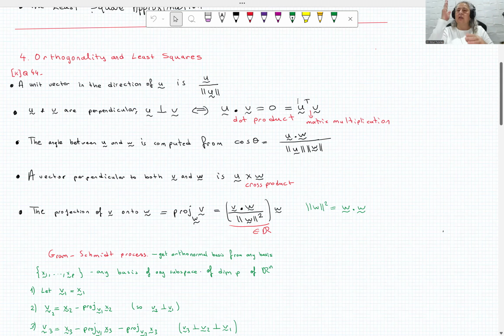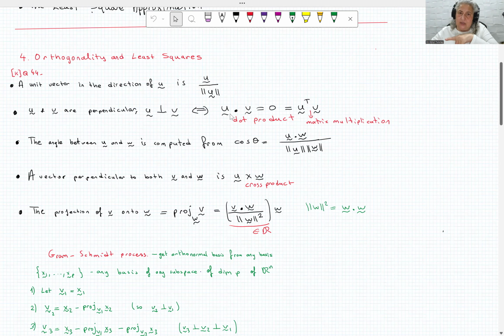If you have u as a column vector, that's how we think about our vectors in Rn, in Euclidean vector spaces, and you take the transpose, then you have a row vector. A row vector times a column vector is a matrix multiplication, which is basically the definition of a matrix multiplication. So the dot product here can be written as a matrix multiplication.